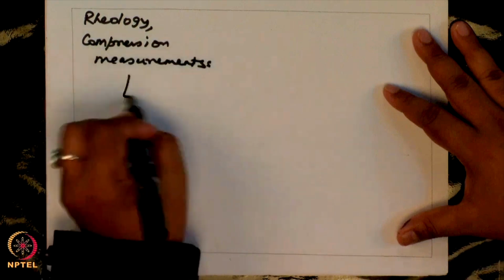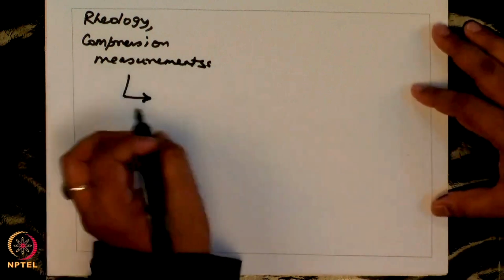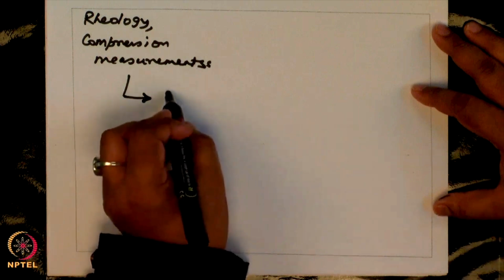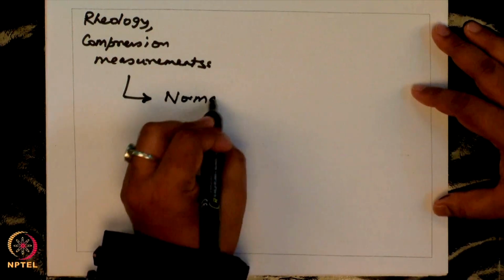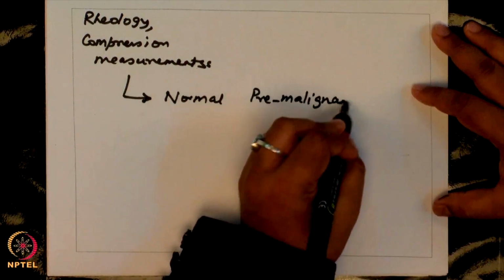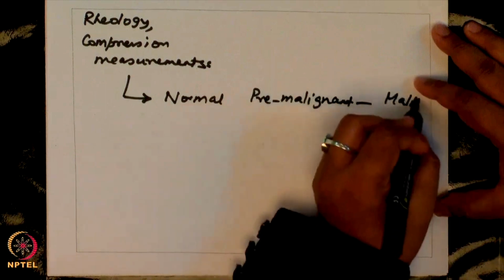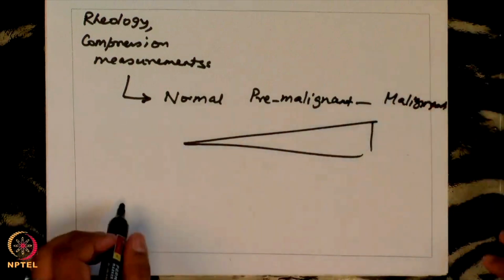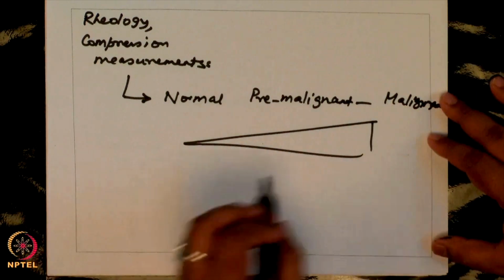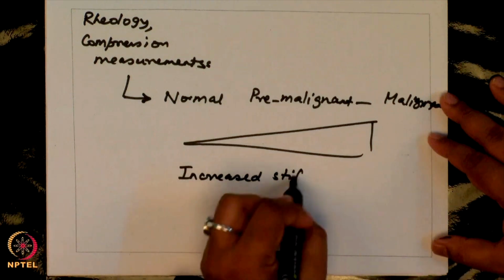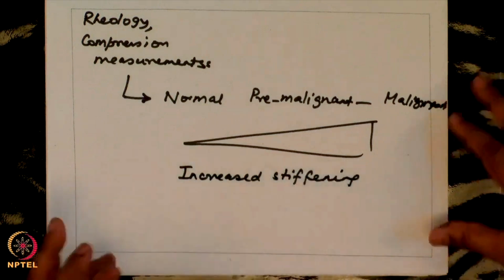These demonstrated that as the tumor progresses, from normal mammary gland to pre-malignant and malignant, individual stages, there is increased stiffening. And they went further.